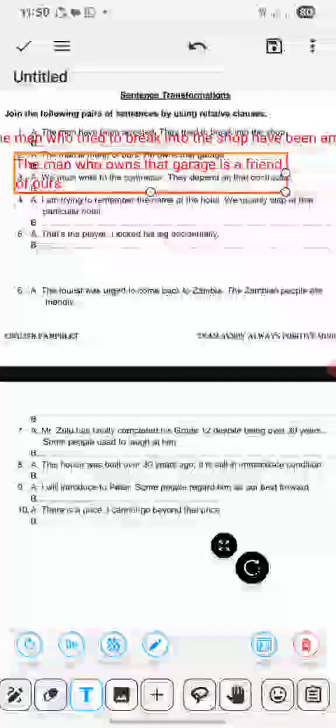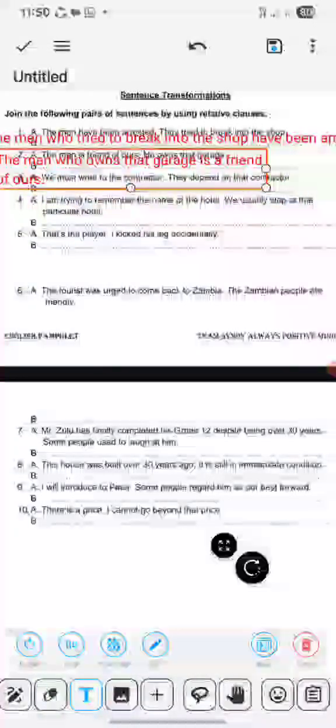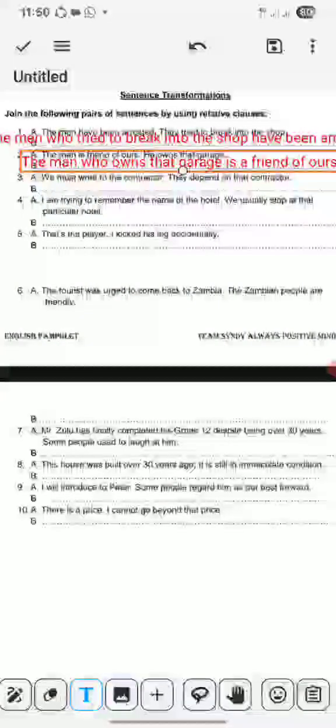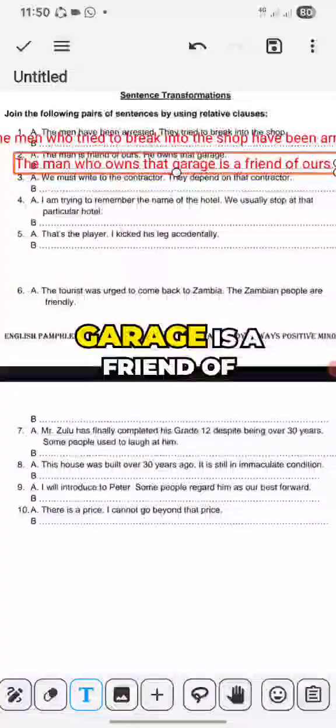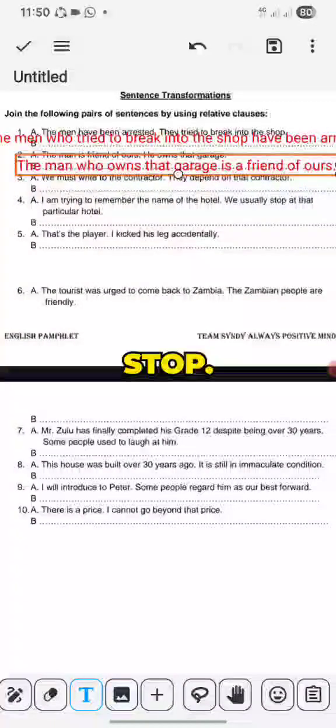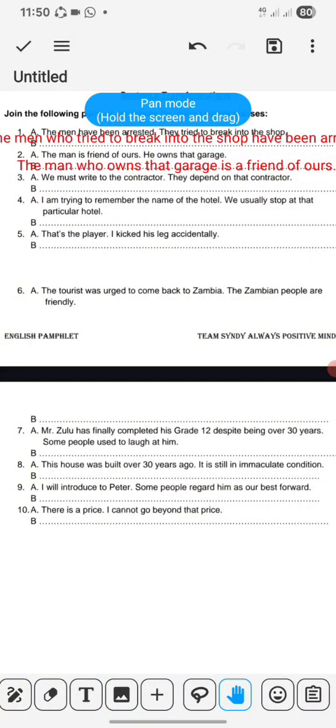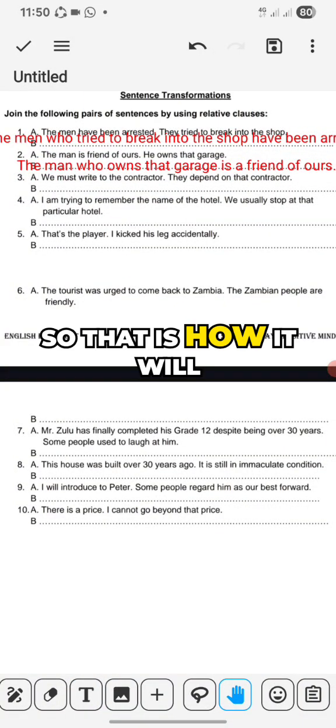The man who owns that garage is a friend of ours. Full stop. So that is how it will read, or that is how we join it.